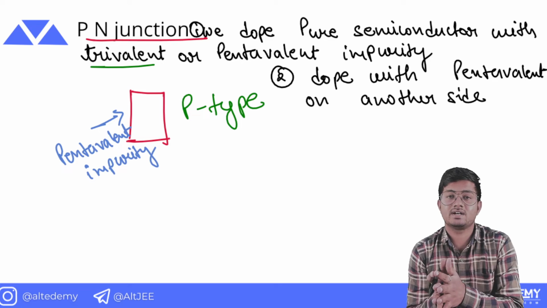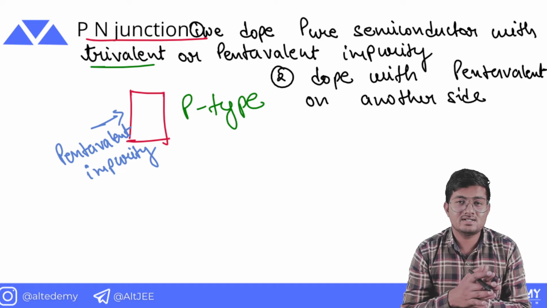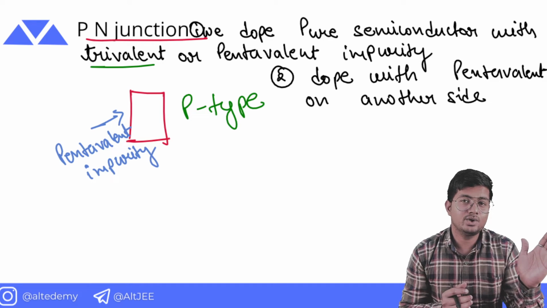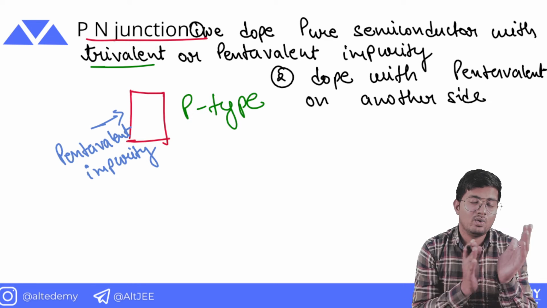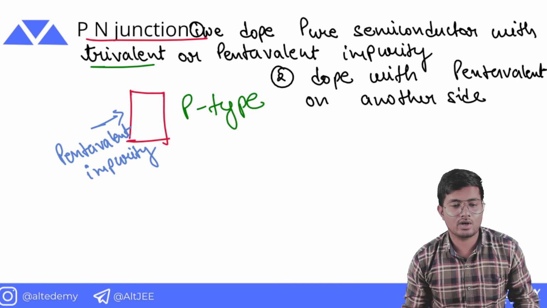in high concentration, because the whole pure semiconductor is converted into p type. So I will simply dope the one side of the p type, so that one side will have more number of electrons and one side will have more number of holes.